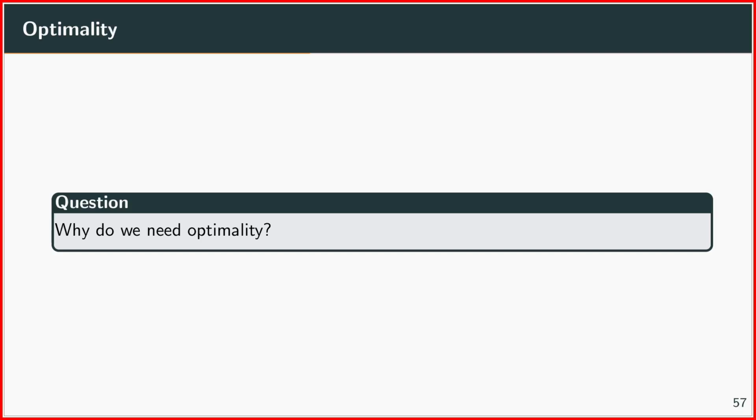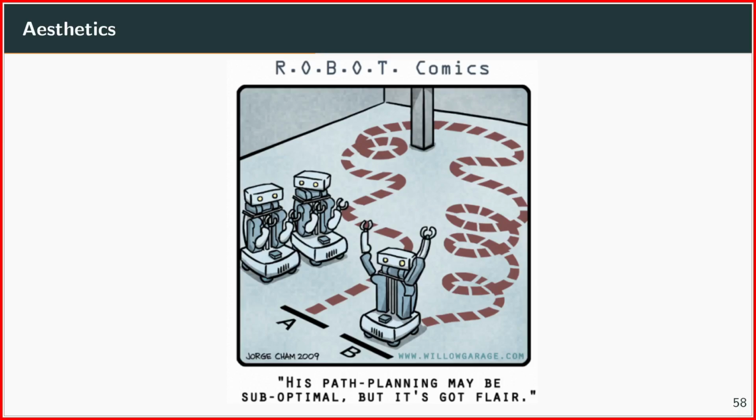And the second question which you might have is, why do we actually need optimality? Isn't it enough if we just have a feasible solution? And usually there are multiple reasons why you would want to have optimality. One is, for example, aesthetics, that you don't want a path which goes all the way through your configuration space, but you want maybe one where you just have a smooth execution of your robot.